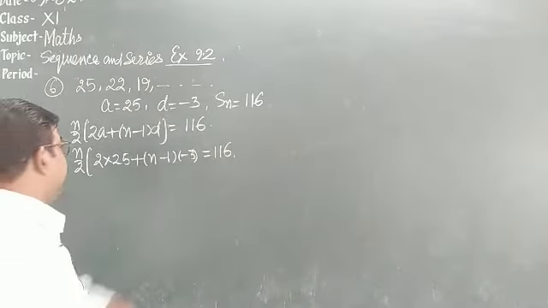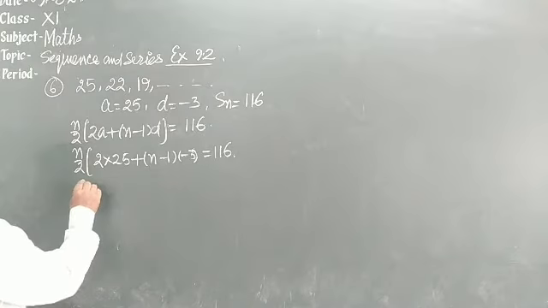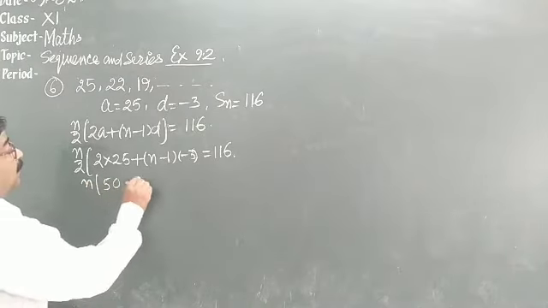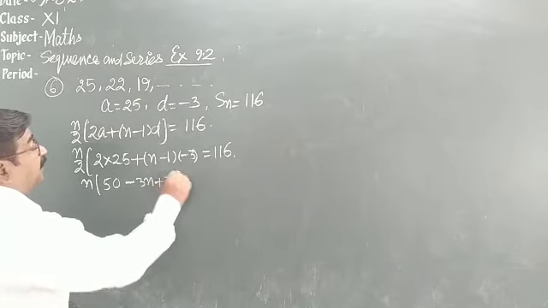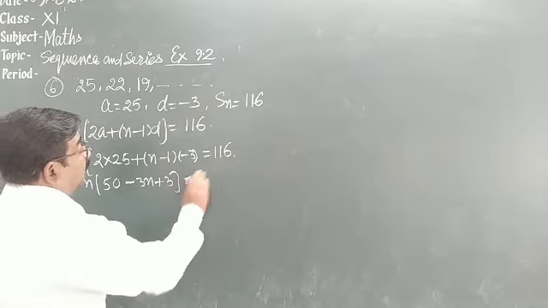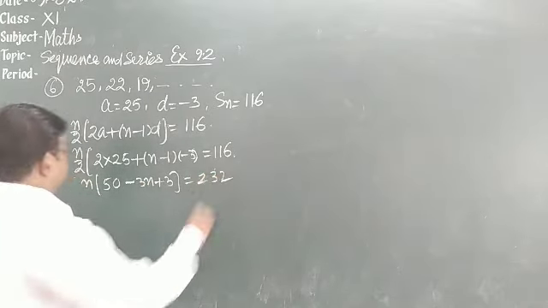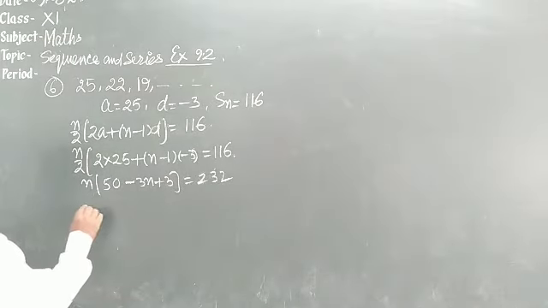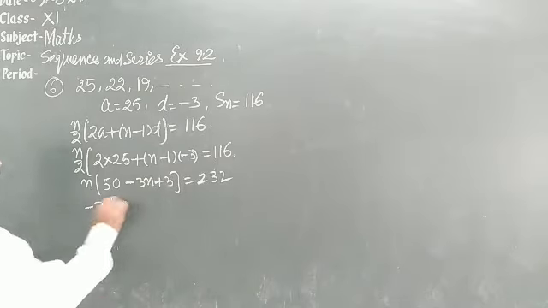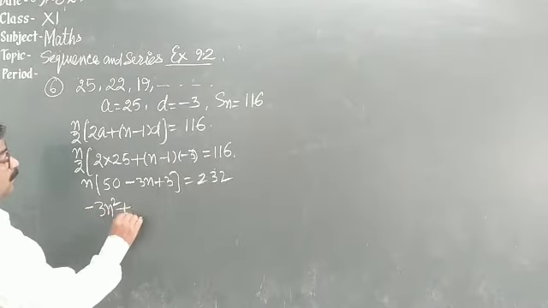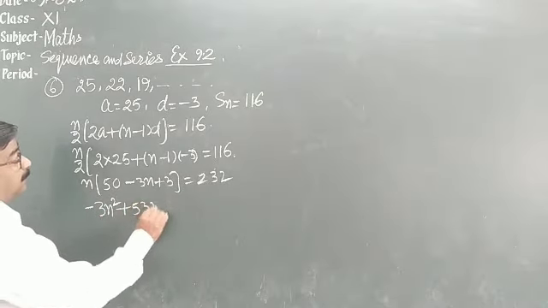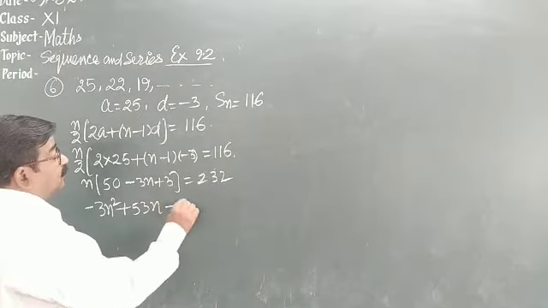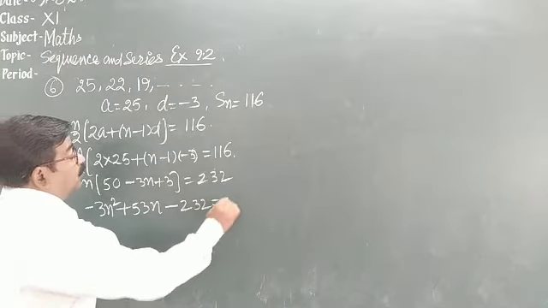Multiply 2 to this side: 50 minus 3n plus 3 is equal to 232. Multiplying by n here, we have minus 3n square plus 53n, and bringing this side, minus 232 is equal to 0.